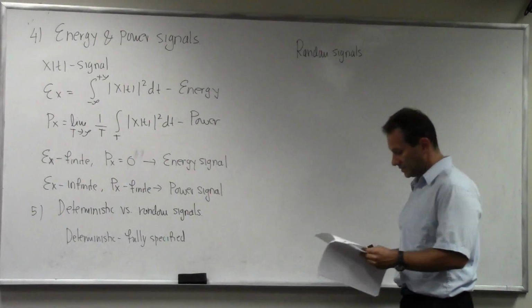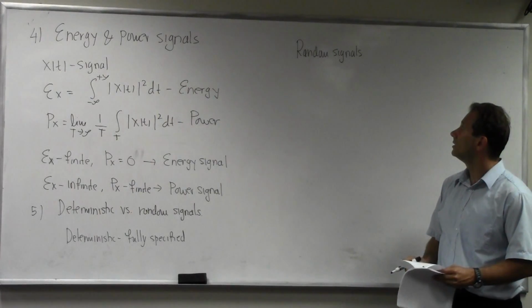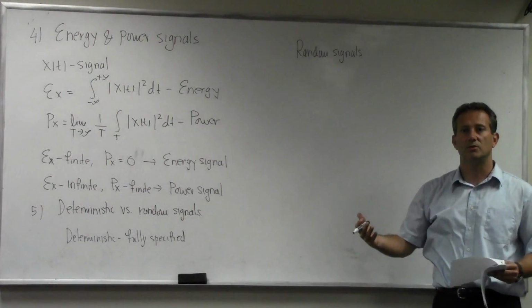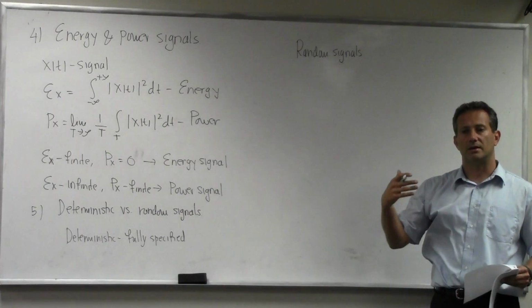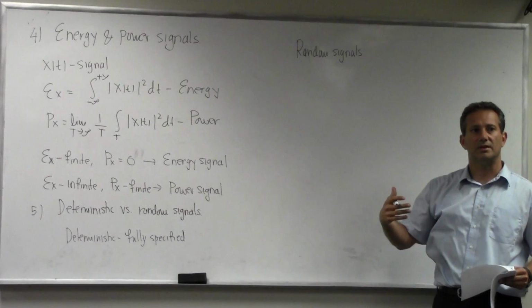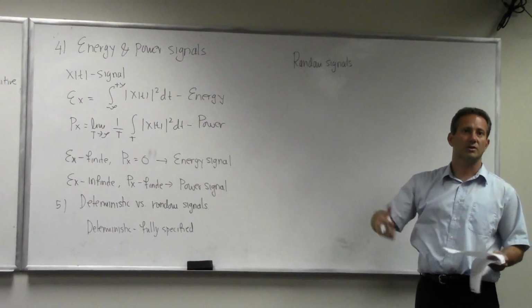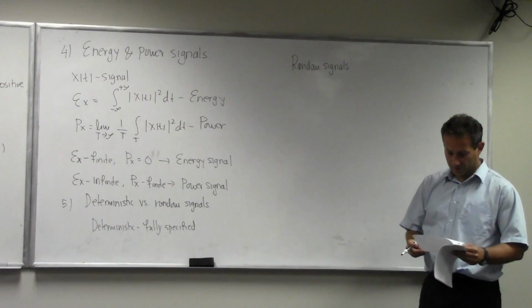And these signals are specified only through their probabilistic measures. You can specify them using PDFs and CDFs. And in this case, for any given time, you're talking about the probability that the signal is going to be below a certain threshold or within a certain interval of values.